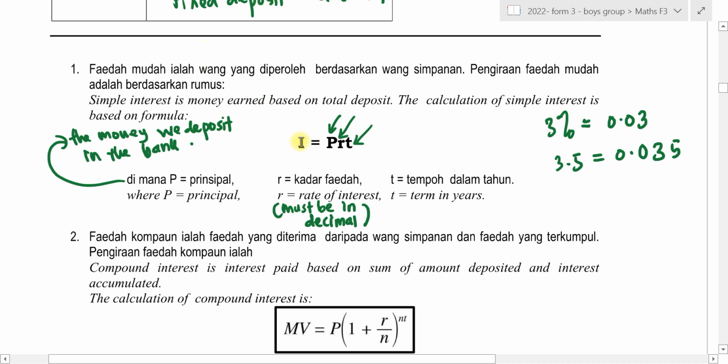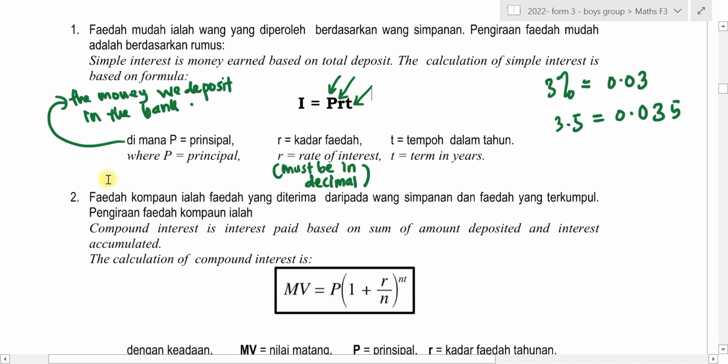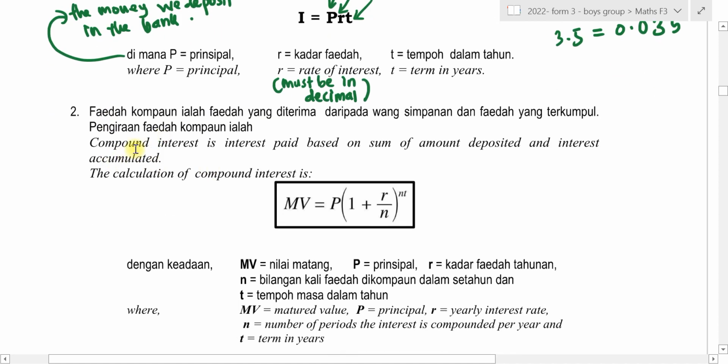If you practice simple interest for more than 1 year, it is quite a loss for you. Okay, it is disadvantageous to you. If you want to keep more than 1 year, we use the compound interest method.